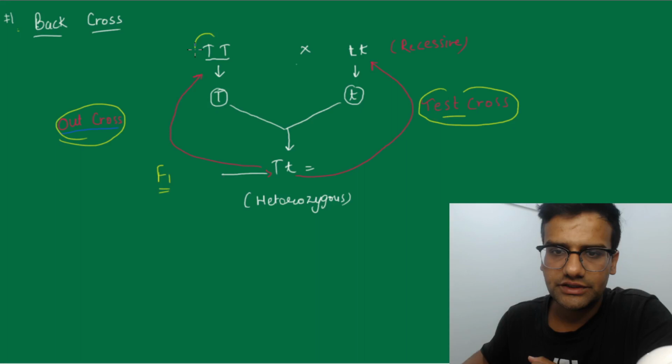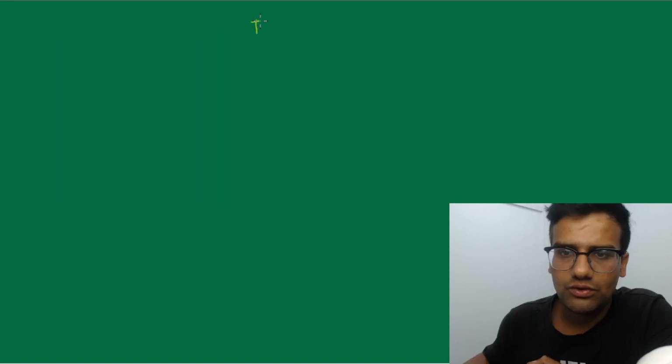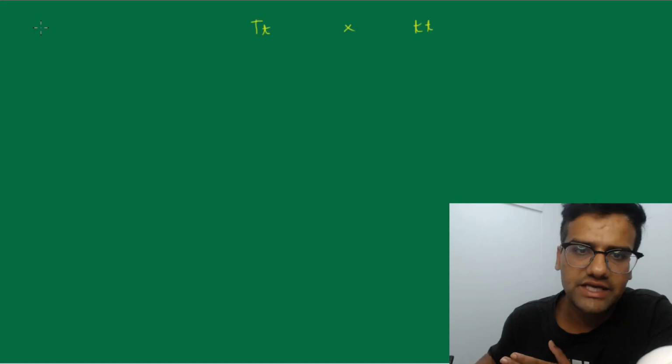But if we cross the heterozygous tall plant, capital T small t, with another plant, small t, then this type of cross is what we call test cross.